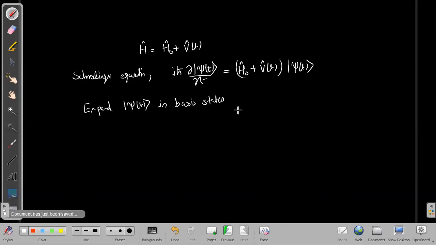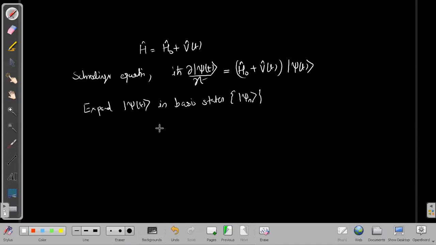So the basis states: we can use the complete set of eigenstates of a Hermitian operator as a basis. Here I can use the energy eigenstates of the unperturbed part of the Hamiltonian as basis states. So I'm representing psi n as the eigenstate of the unperturbed part of the Hamiltonian.